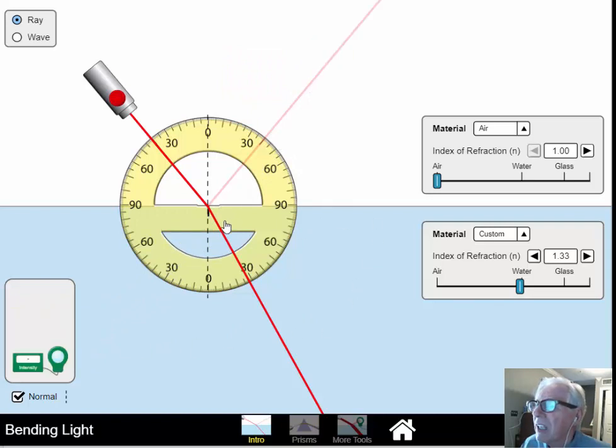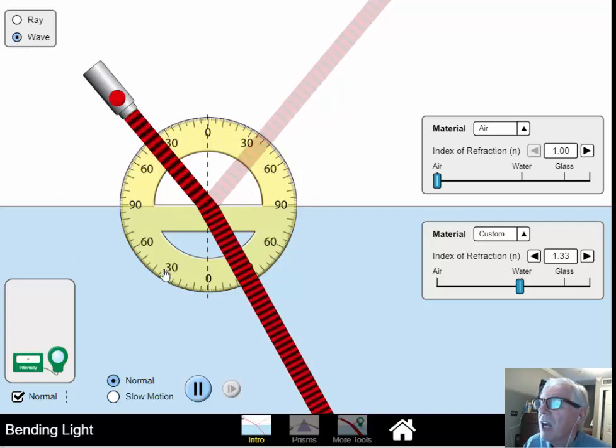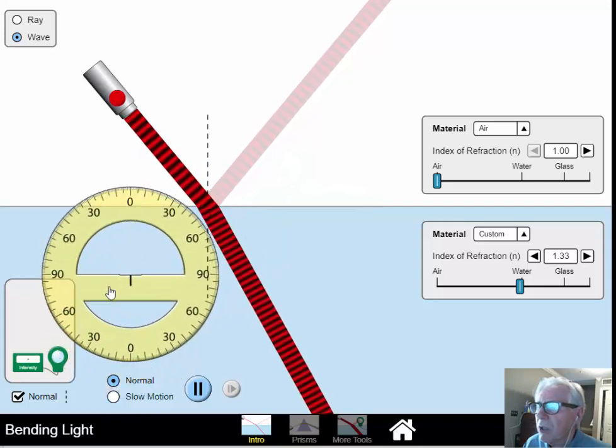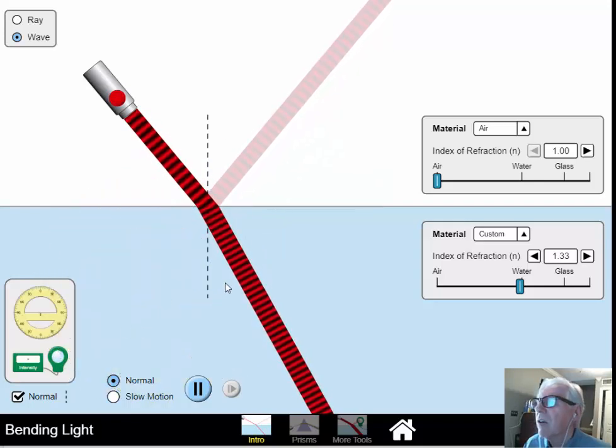And then the other thing I wanted to show you was waves. These waves are coming along, and the wave is just reflecting off the surface.